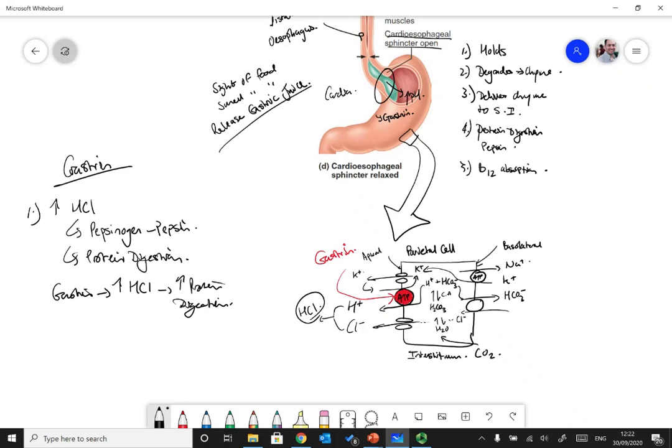But partially digested proteins cause an increase in the release of gastrin, which then causes the release of more hydrochloric acid, which breaks down more proteins, which is a lovely little positive feedback loop. So in other words, if you eat a really protein-rich meal, it's going to get digested fairly quickly.